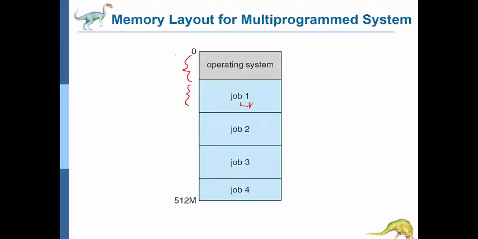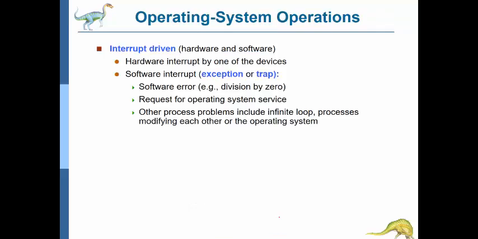Okay, this is one program. So program 1, and another program, and another program, and another program. And also, if you have data to be used by one of the jobs, then data needs to be loaded also somewhere here within those limits.